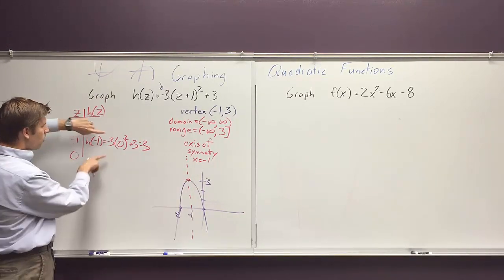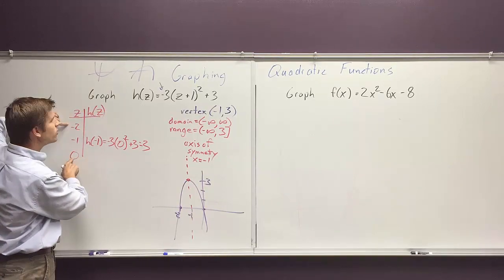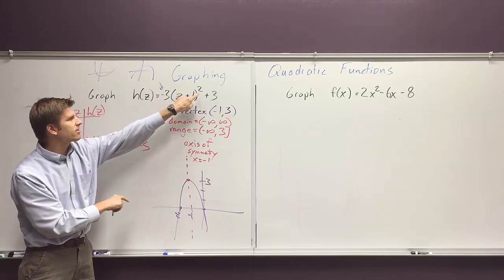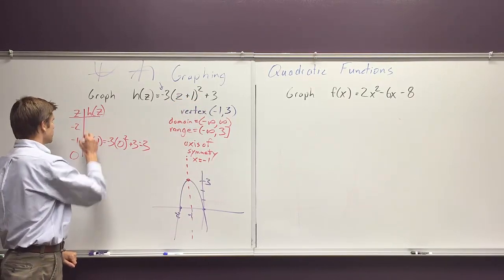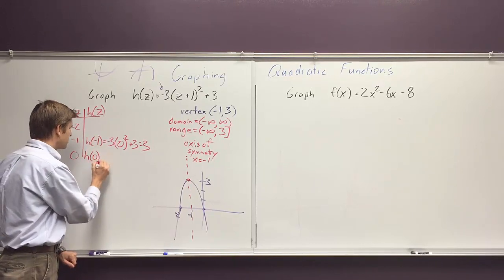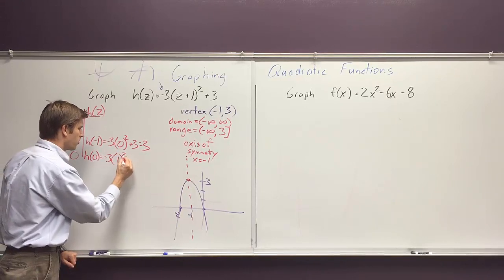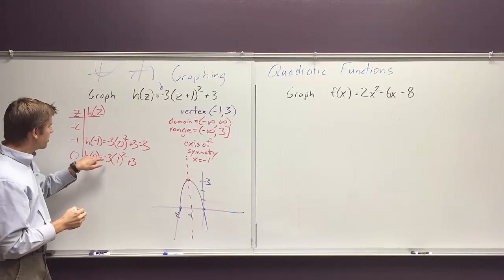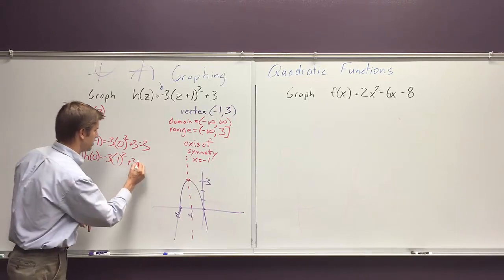Now, if you go one unit in either direction, can you see that the squared makes it do the same thing? So if I put in 0, I get 1 squared. So I get an extra -3. 1 squared is 1, -3 plus 3 equals 0.